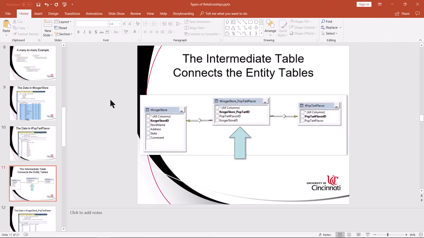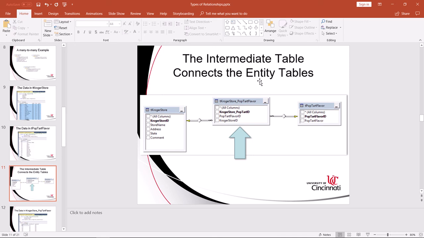On the next slide, here is a visual representation of the connection between the 3 tables. Remember, we consider the tables to represent entities or things in the real world, and the things in the real world in this case study are Kroger stores and Pop-Tart flavors. Flavors exist conceptually.